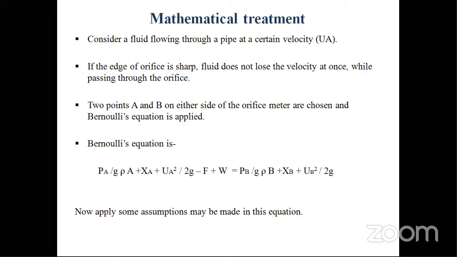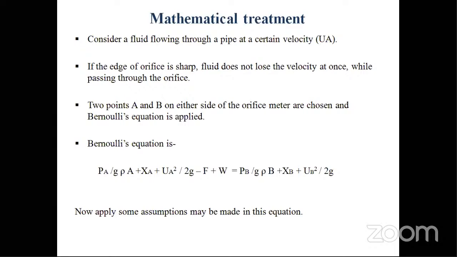what are the conditions? First, consider the fluid flowing through a pipe at a certain velocity, UA. If the edge of the orifice is sharp, here edge means the pipeline surface edge, or smooth, the fluid does not lose velocity at once.